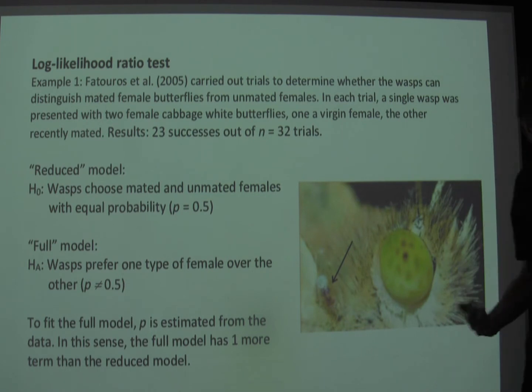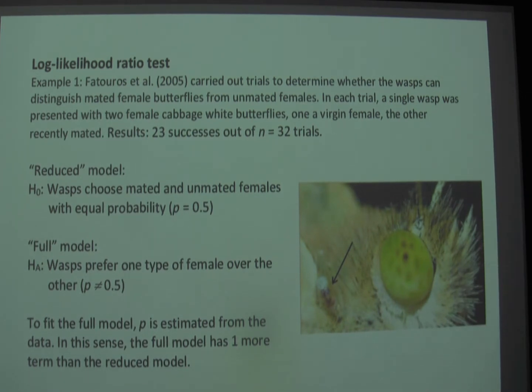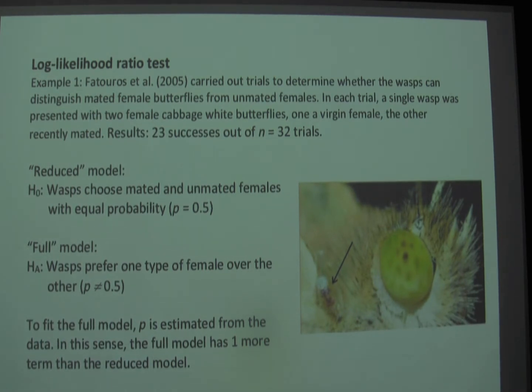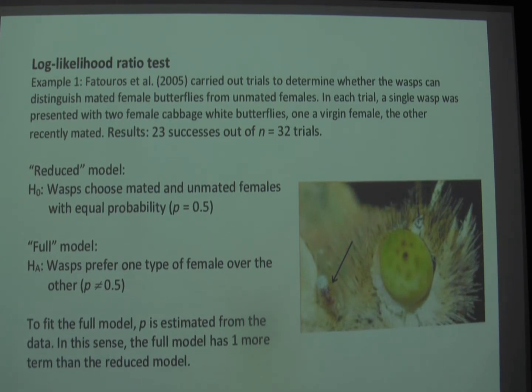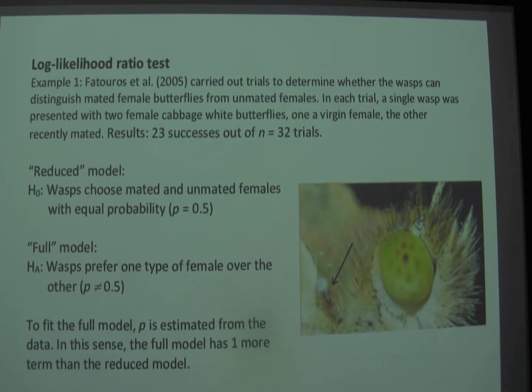So I'm going to apply it once in the lecture just to the binomial data. So we're going back to the wasps. Fatouros et al. carried out these trials, and they observed 23 successes out of n equals 32 trials. And they wanted to know, is this significantly different from a coin toss?